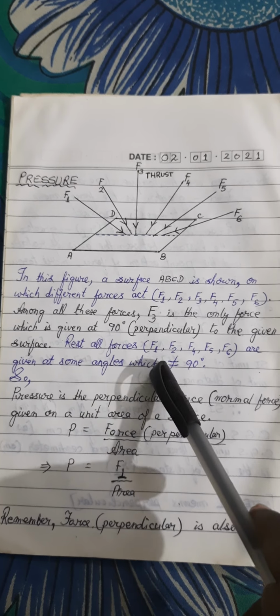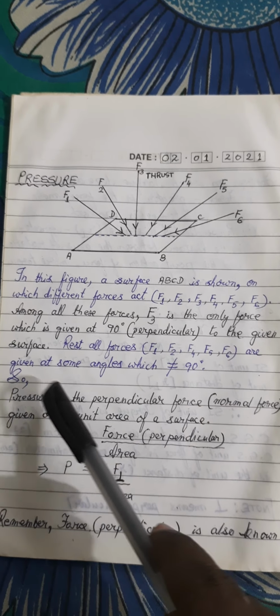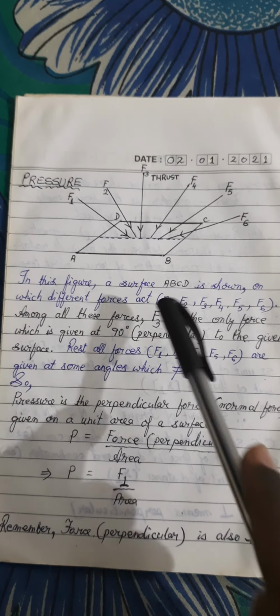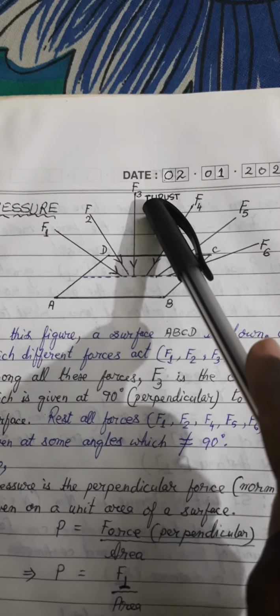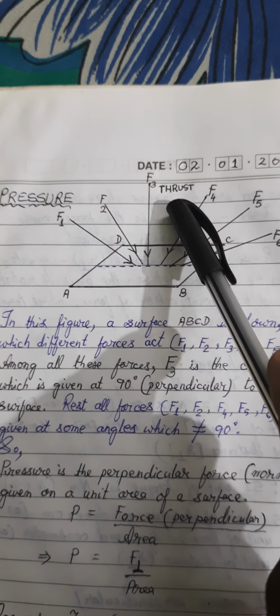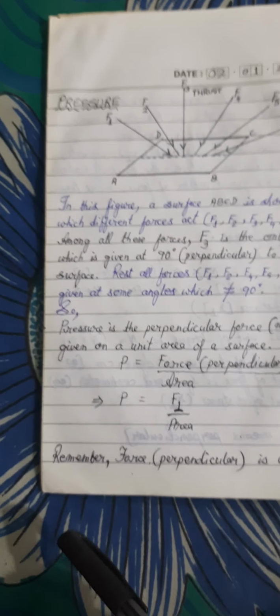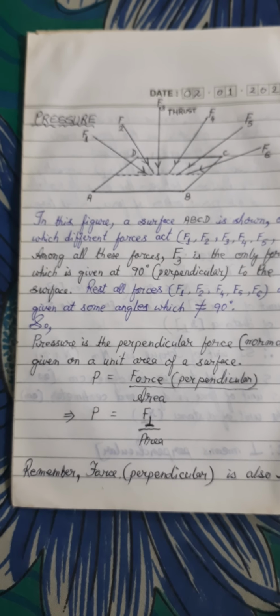All the rest of the forces, that is F1, F2, F4, F5, F6, are at some angles which are not equal to 90 degrees. So only this particular force, F3, which acts at 90 degrees, is called thrust. So remember, a force that acts perpendicular to a given surface, or at 90 degrees to a given surface, is known as thrust.